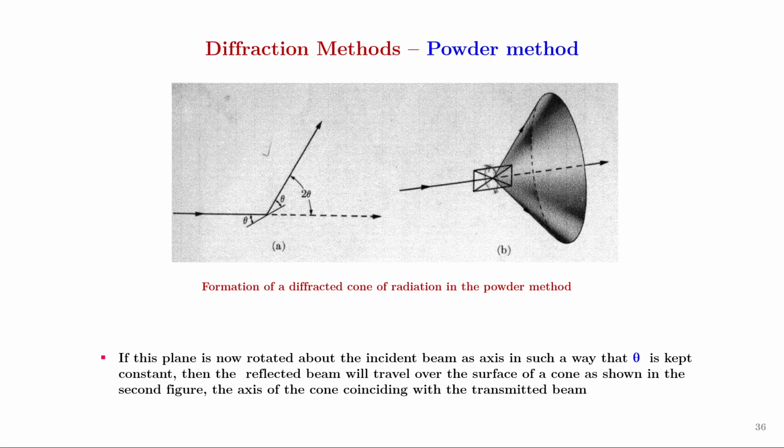If this plane is now rotated about the incident beam as axis in such a way that theta is kept constant, then the reflected beam will travel over the surface of a cone as shown in the second figure, the axis of the cone coinciding with the transmitted beam.